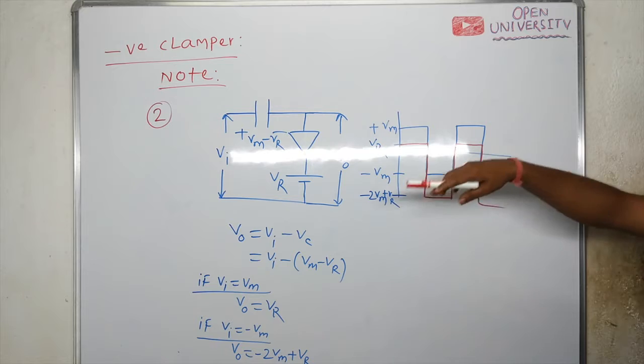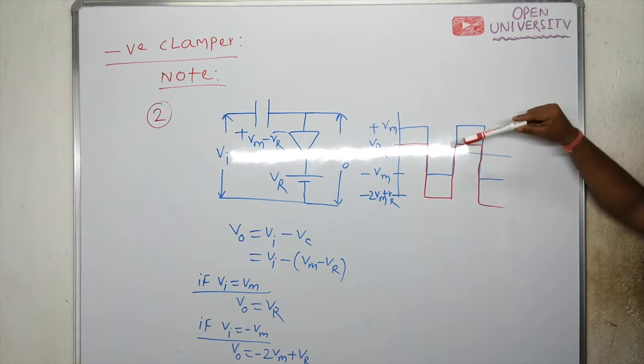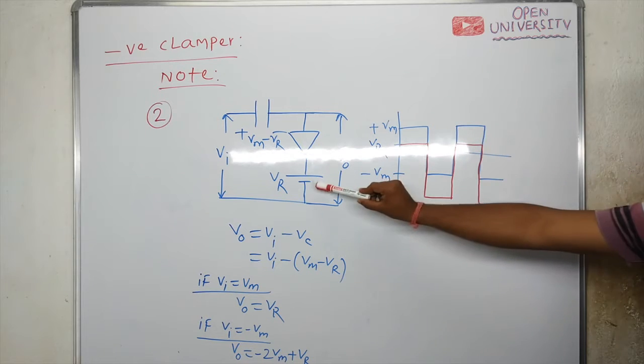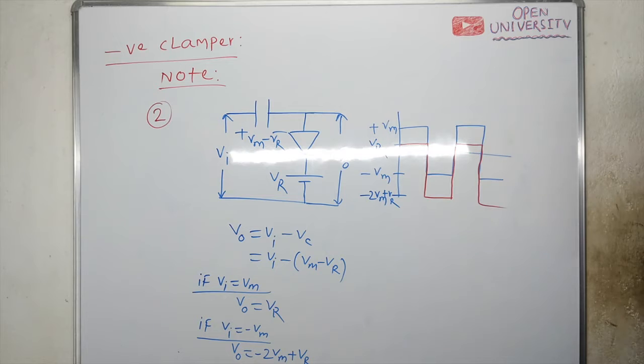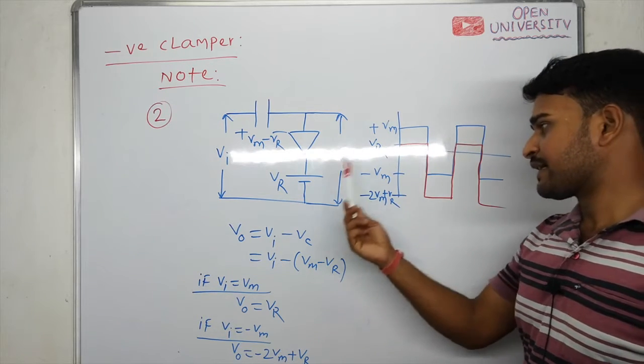So this negative clamper is clamping its positive peak to the reference voltage.